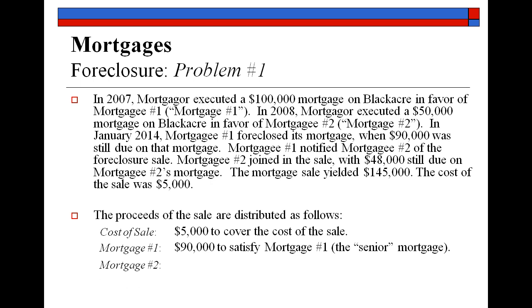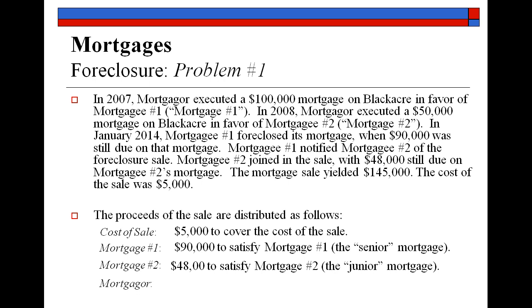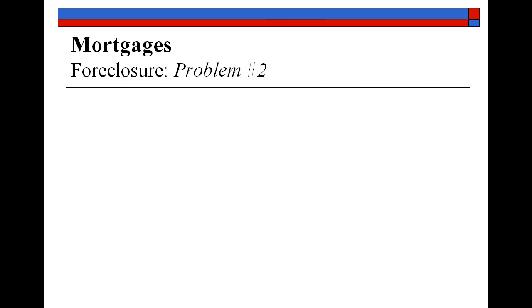Mortgagee number two was owed $48,000, which we still have left over. So mortgagee number two also gets the full amount due, $48,000, and mortgagee number two is also satisfied. We actually have $2,000 left over, so the remaining $2,000 will be paid to the mortgagor.